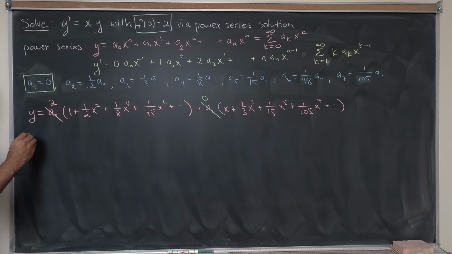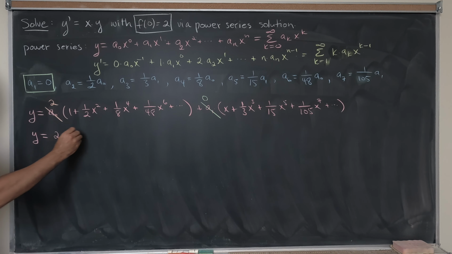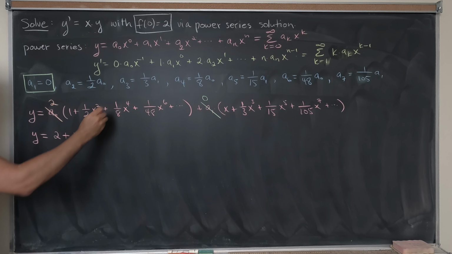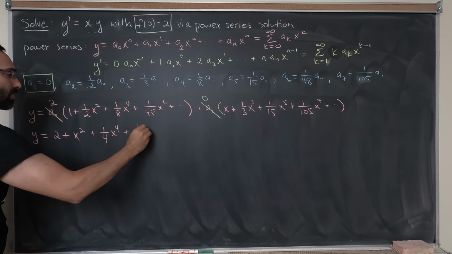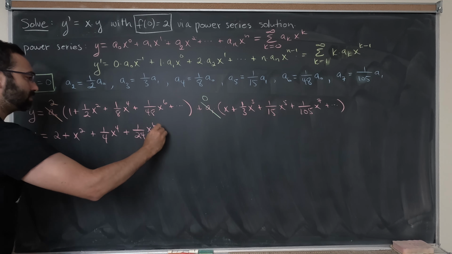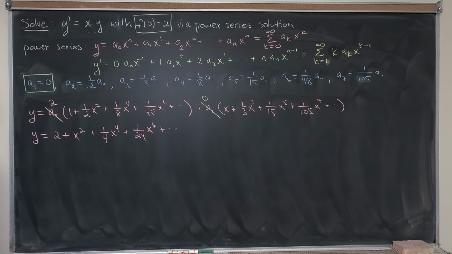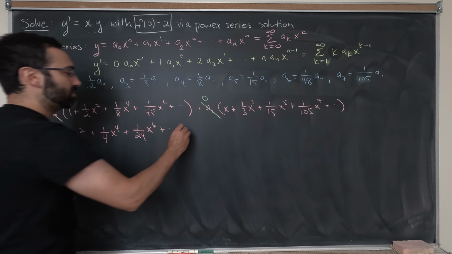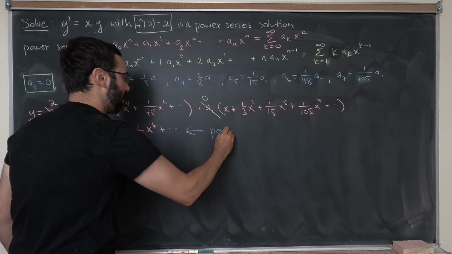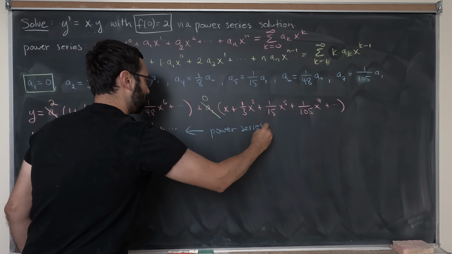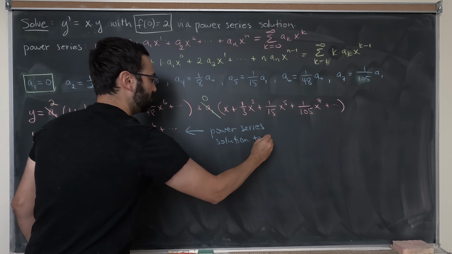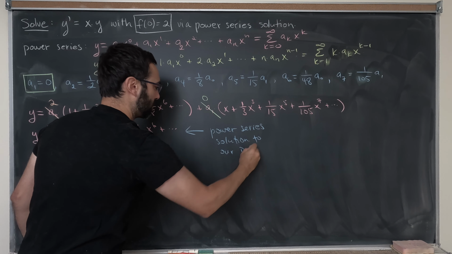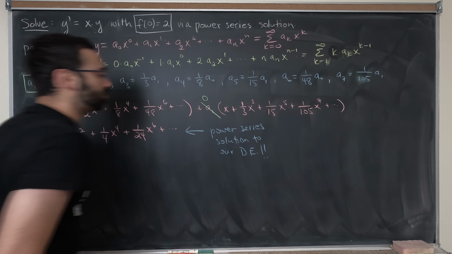So our power series becomes 2 plus x squared plus a quarter x to the 4 plus a 24th x to the 6, etc. So this in fact gives us our power series solution to our differential equation.